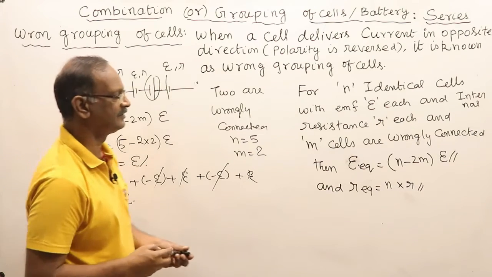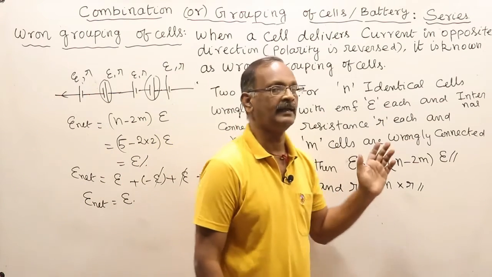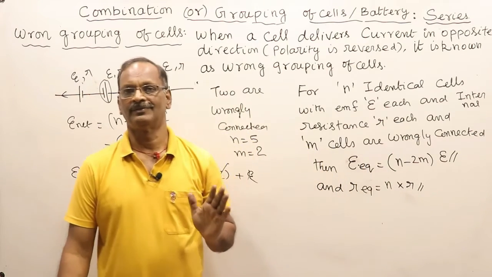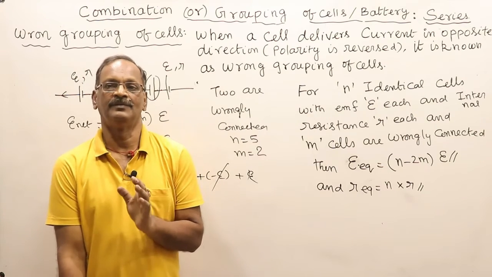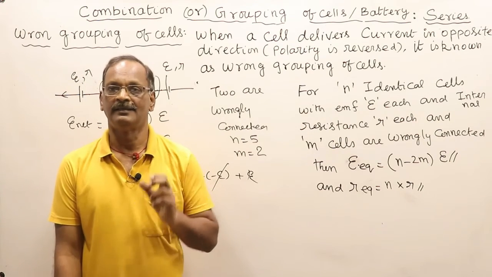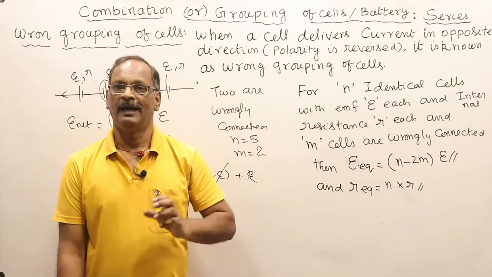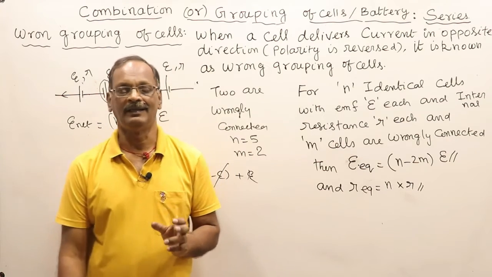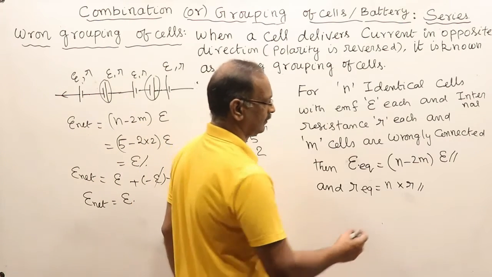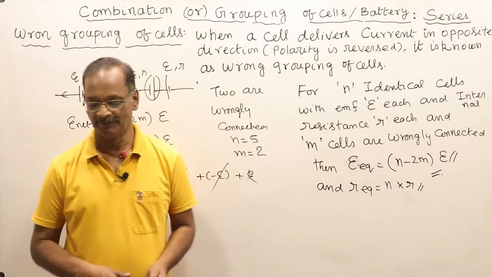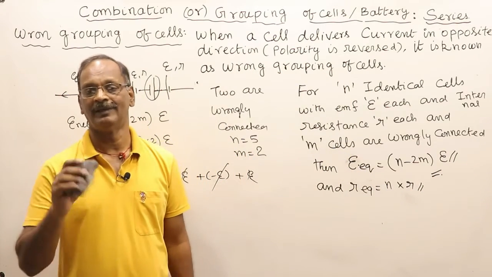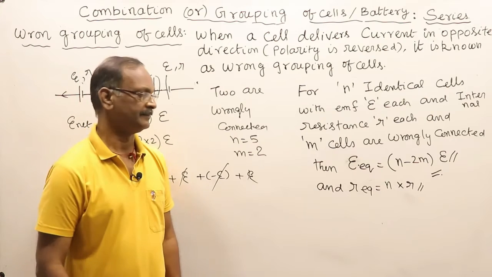So we can use this equivalent EMF in the case of identical batteries, each with individual EMF epsilon naught and internal resistance R, where m cells are connected wrongly. This is the equation for calculating EMF, and it should be that all are identical cells.